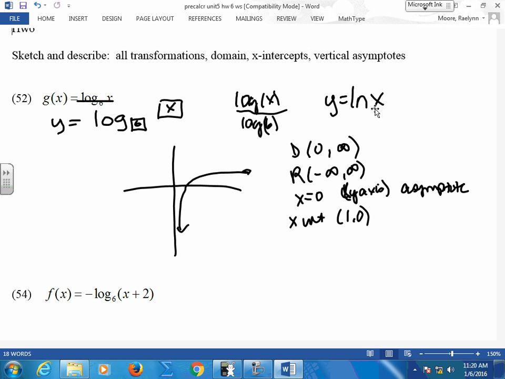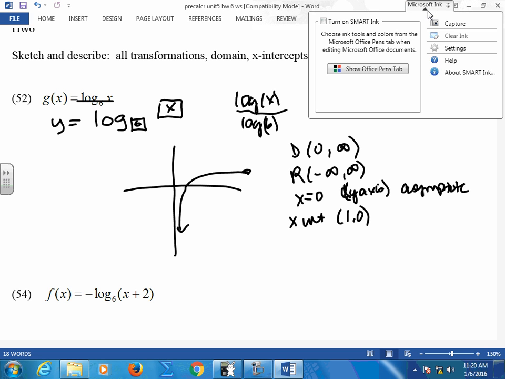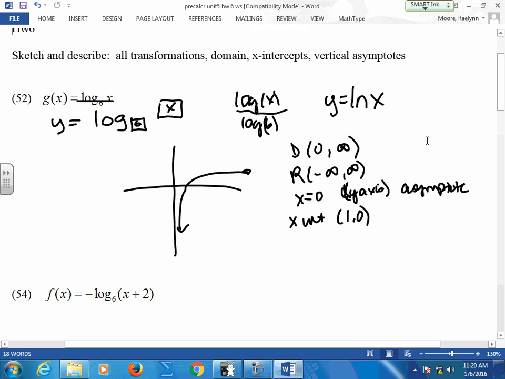So now, let's take a look at this guy. This is my parent graph. We just graphed it, right? What's happening? If I plug in an x, what's this guy doing first? Horizontal shift, which way? To the left. That means this guy has to move from 1, 0 to negative 1, 0.